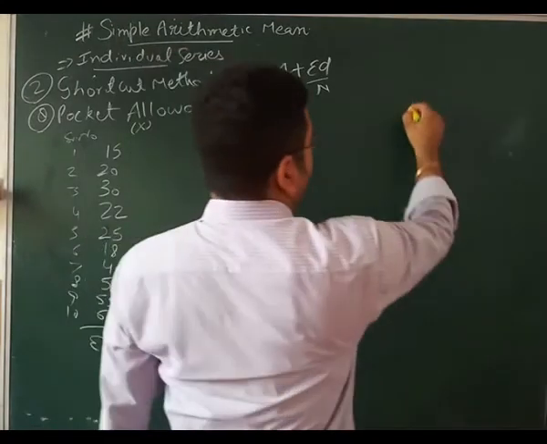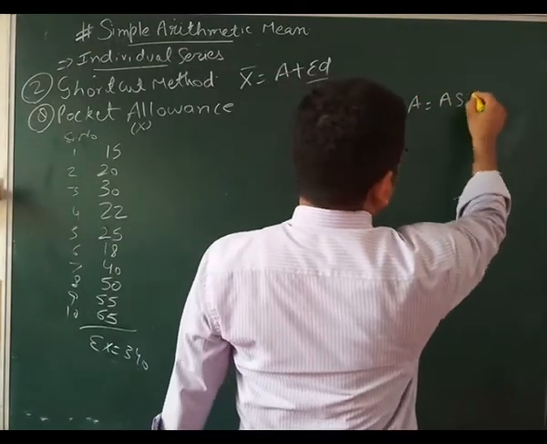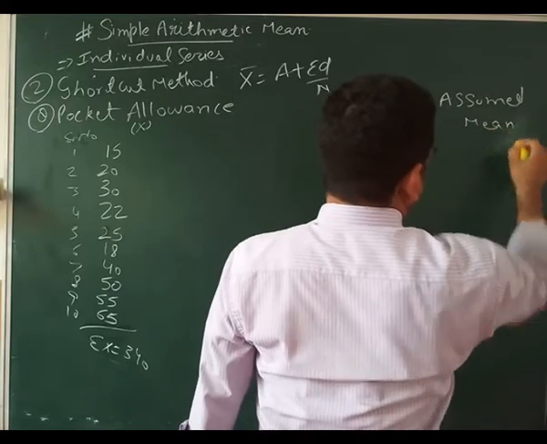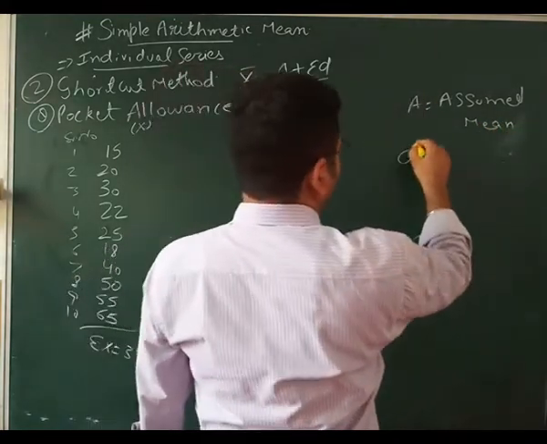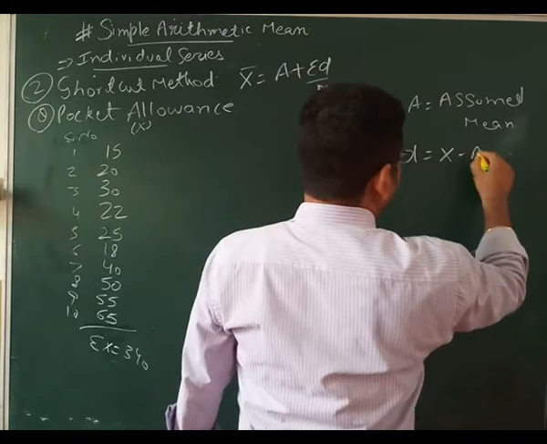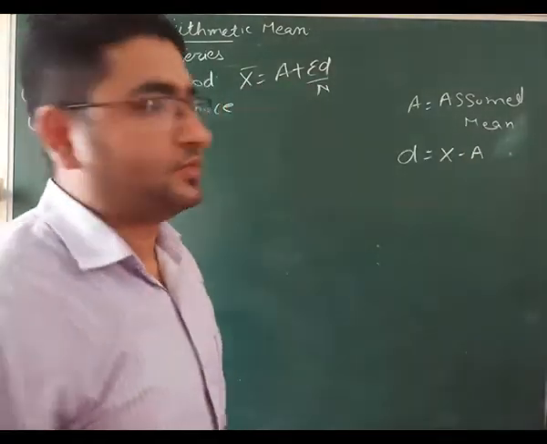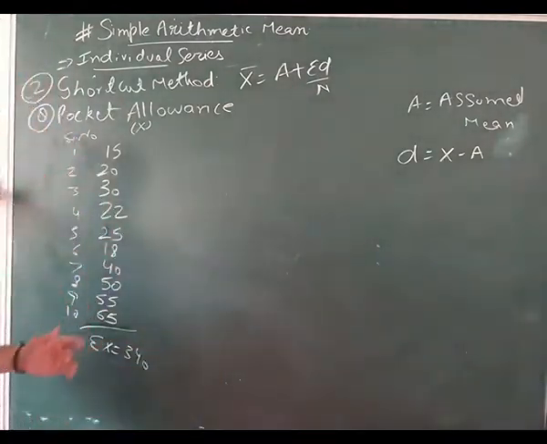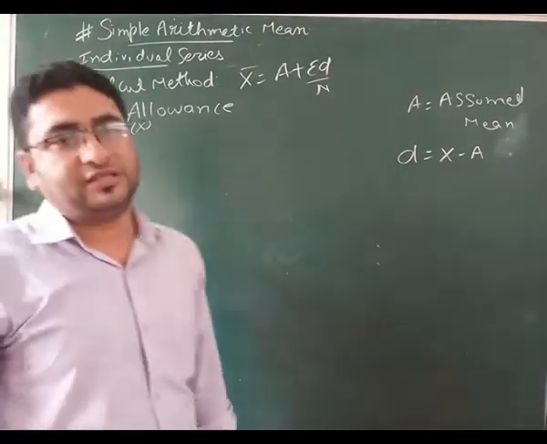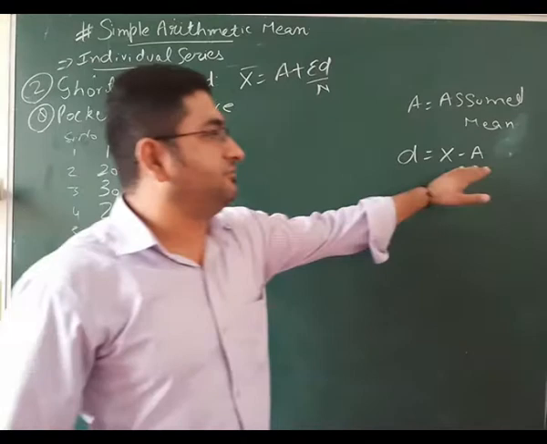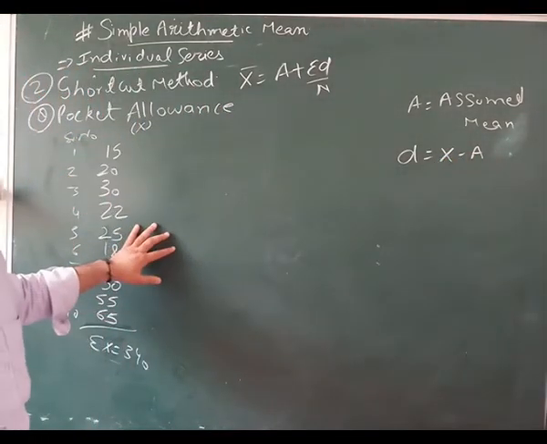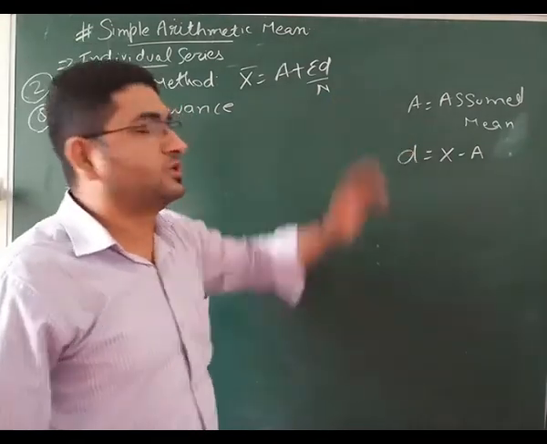Here a is equal to the assumed mean, and d is equal to x minus the assumed mean, and then we'll take the summation. Now I am assuming a particular figure to be the mean of the series, and then I will take a deviation, that is how much x deviates from a, and then I'll put it into this formula.